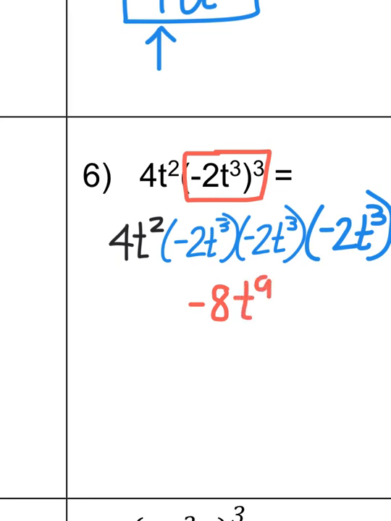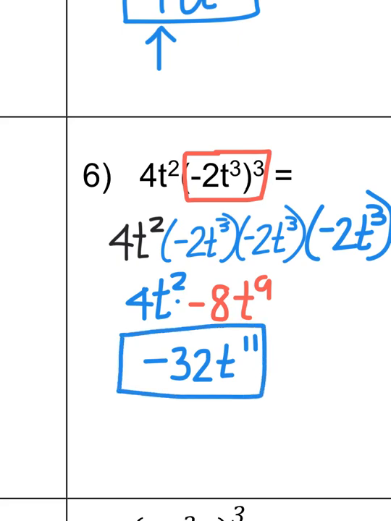And then we would multiply the power to the power. But please do not forget that 4t to the 2nd power. Now we would simply multiply the coefficients and add the exponents so that we end up with -32t to the 11th power. Please do number 7 on your own.